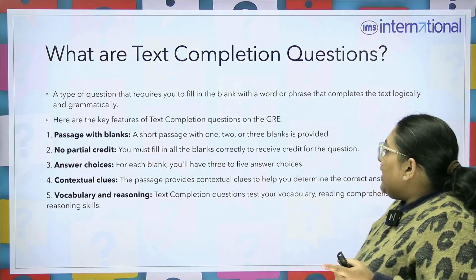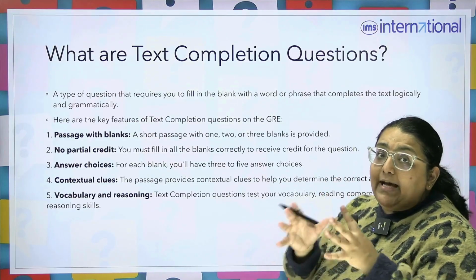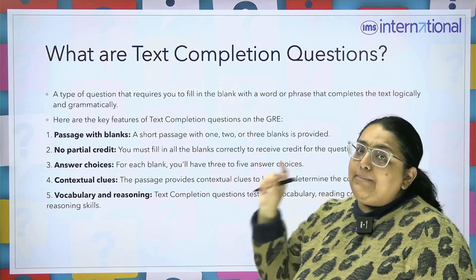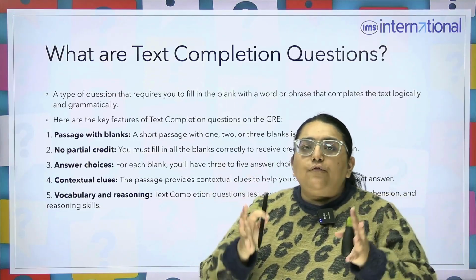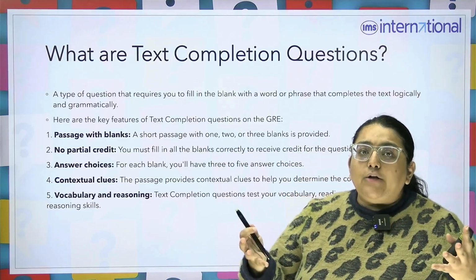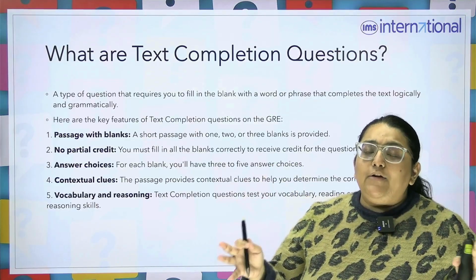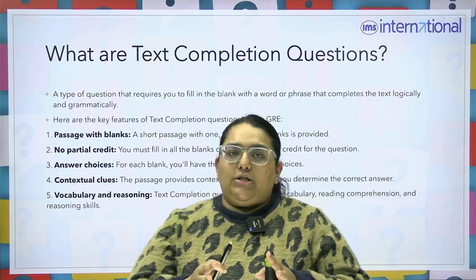For each blank, you have to select only one correct choice and only one combination of answers will be the correct answer. You will get some clues from the sentence. The sentence will help you understand what should come in the blank, and your knowledge of vocabulary will be crucial in helping you solve the text completion questions.